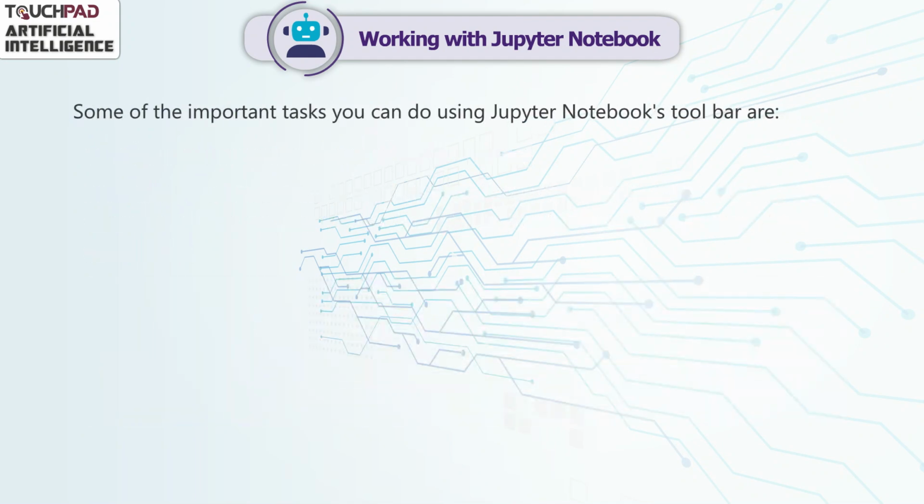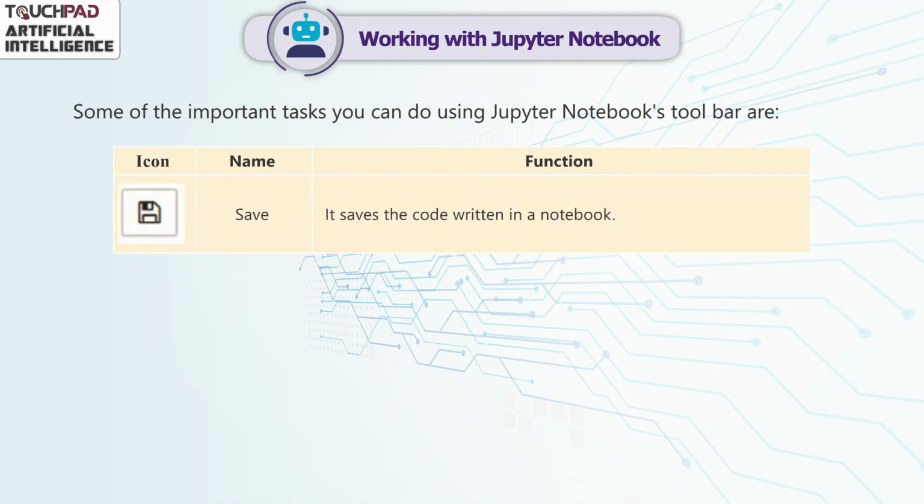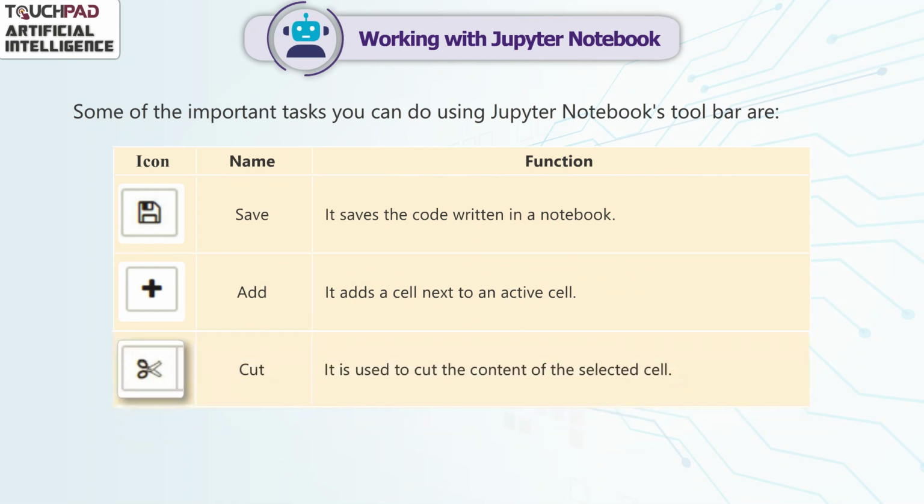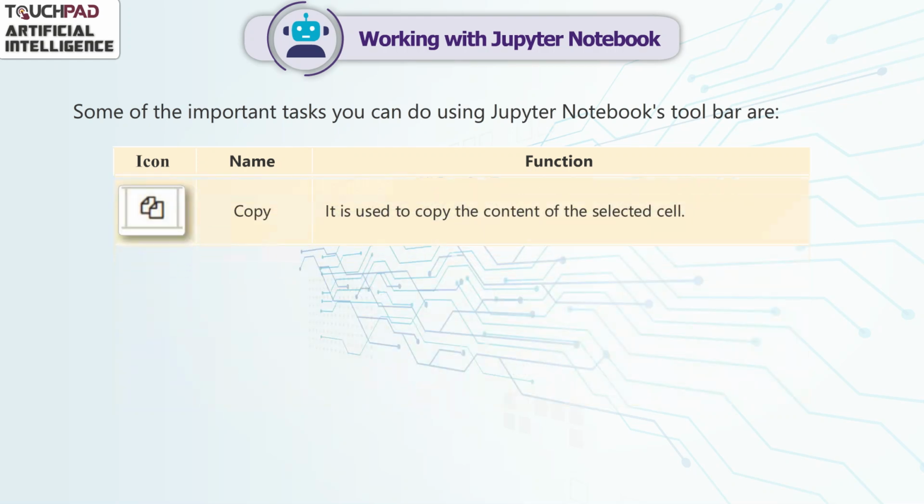Some of the important tasks you can do using Jupyter Notebook's toolbar are: icon, name, function. Save. It saves the code written in a notebook. Add. It adds a cell next to an active cell. Cut. It is used to cut the content of the selected cell.